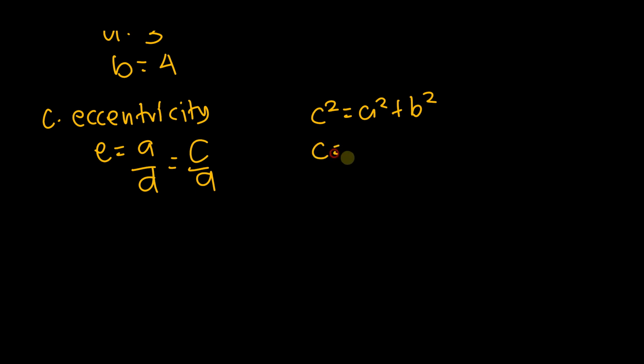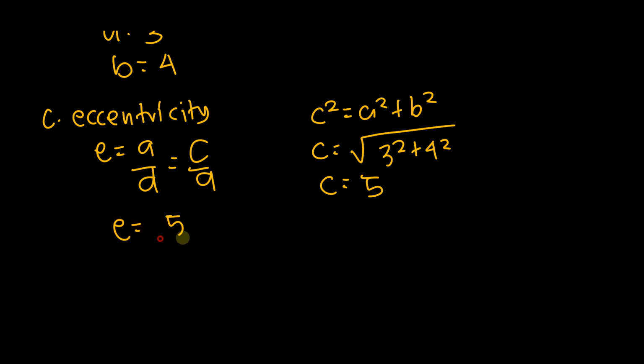So to get c, just take the square root of 3 squared plus 4 squared. So c is equal to 5. Okay, so using e equals c over a, c is 5 divided by a. What is a? a is 3. So 5 over 3, that's 1.67.